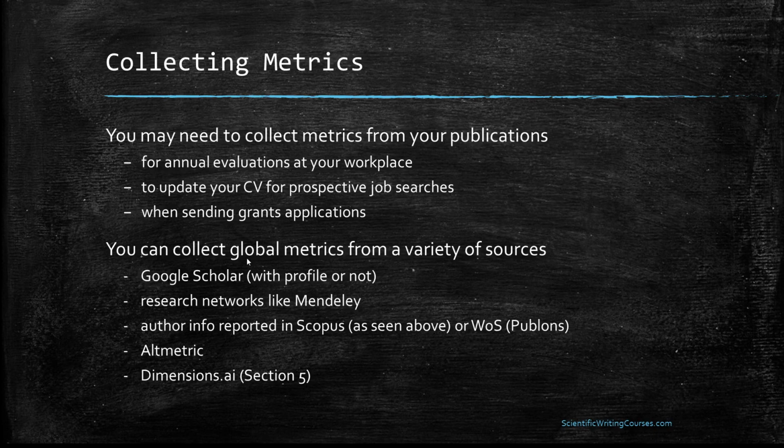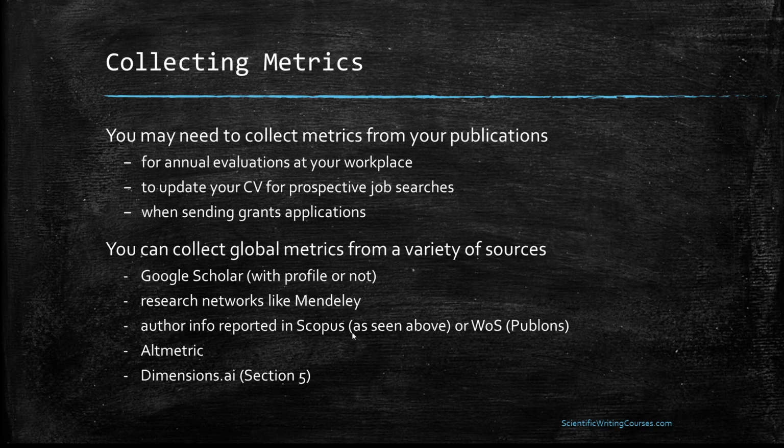Now you can collect these global metrics from a number of sources. I just mentioned some of them. Google Scholar is probably the most common. You can use research networks like Mendeley, or you can collect the author information reported in Scopus or in the Web of Science. This is probably a good idea because it has a lot of precise information about your background, the publications, all your citations, co-authors, areas in which you have collaborated, and so on.